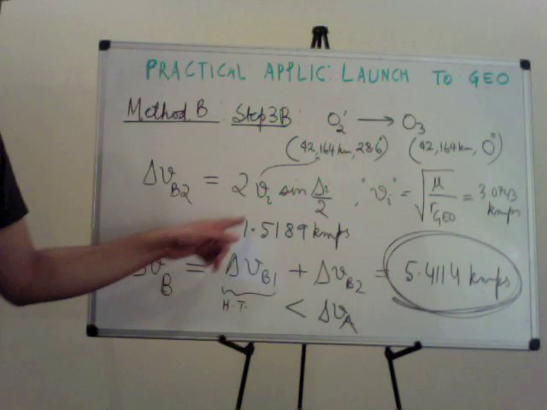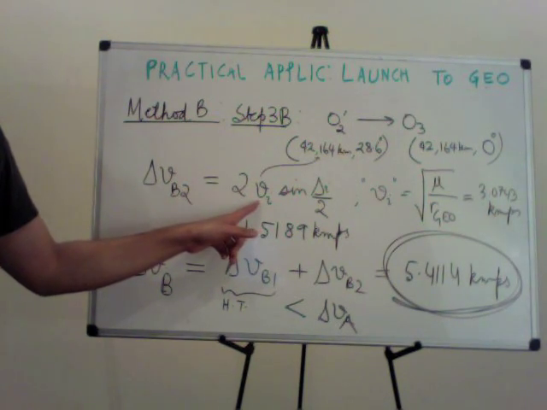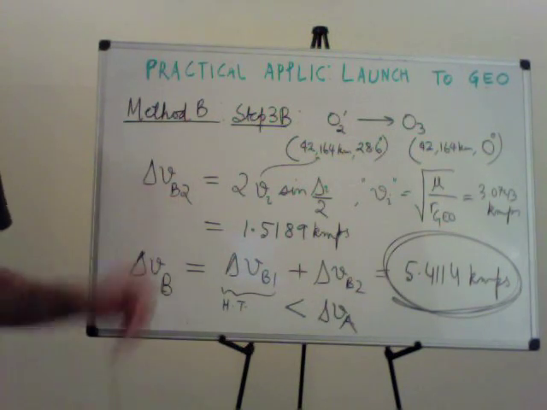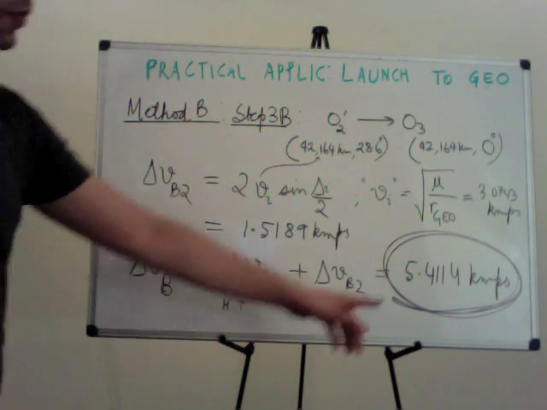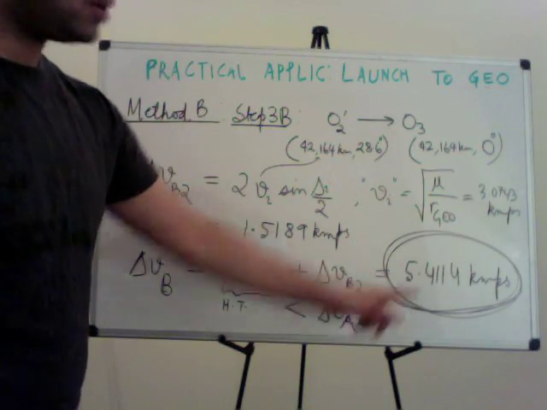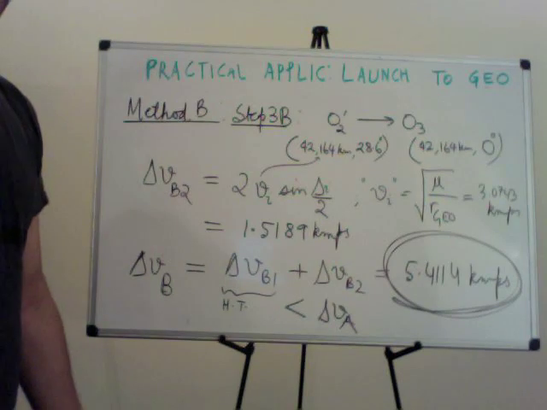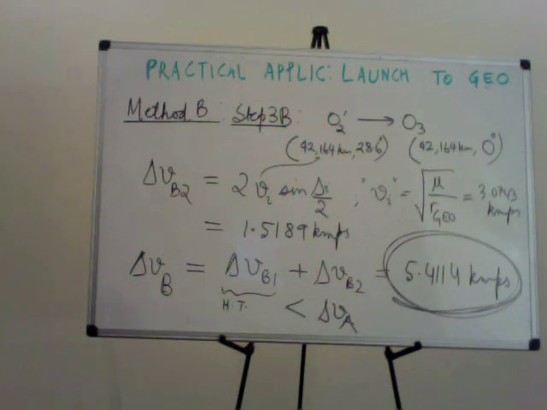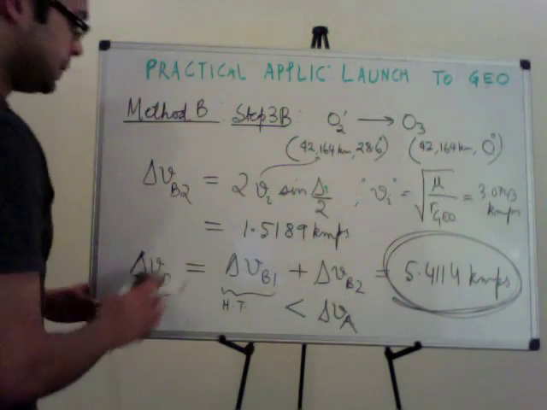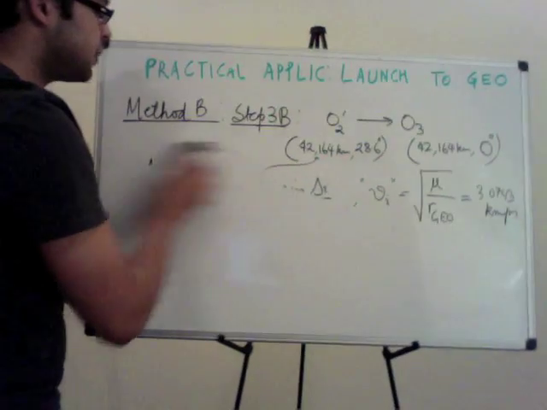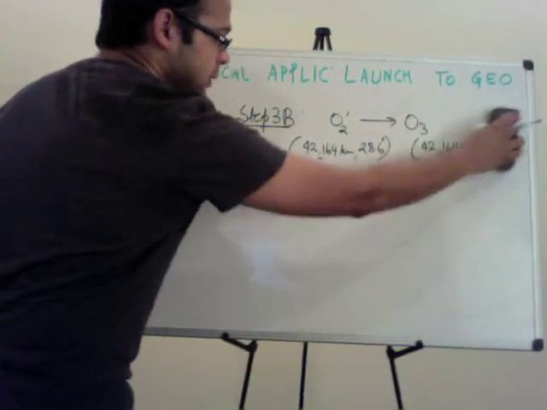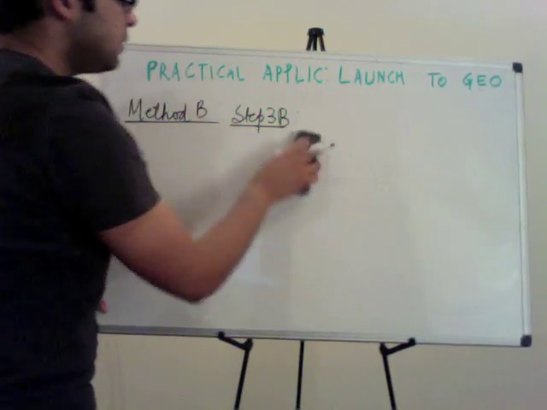And since the plane change maneuver is directly proportional to the speed, a slower speed means a lower delta V. And it's quite significant because remember it was around 7.7 something, here it's 5.4, so you have saved 2.3 kilometers per second in delta V just doing this simplistic approach. Alright, that's nice. It appears that method B should be preferred over method A, but I will show you in the next lecture that there is an even better method.